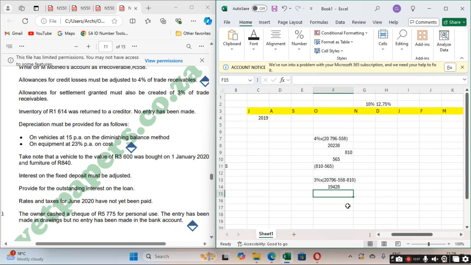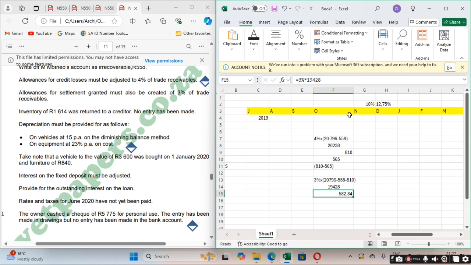Then we say 3% of 19428, and then we're going to have our answer of 582.